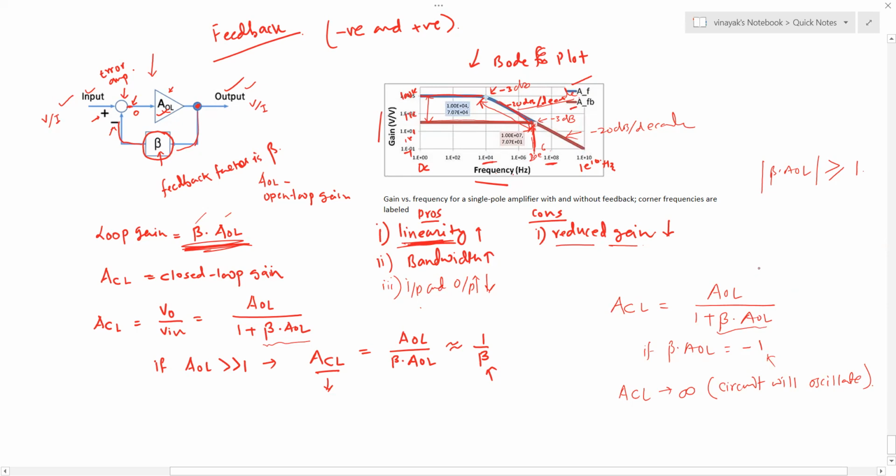So I think we've just covered the concept of negative feedback, and what is an amplifier using it. So an amplifier that uses negative feedback is called a feedback amplifier.